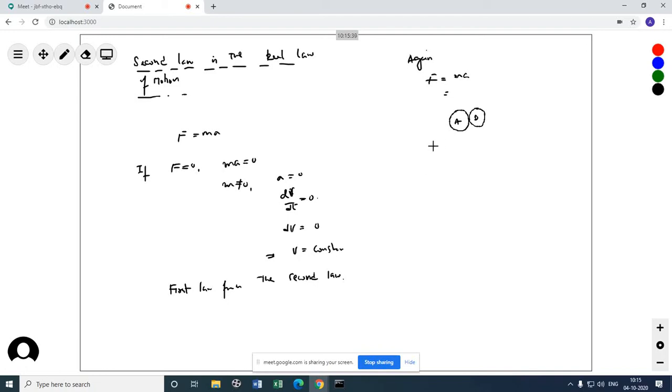So let's say force exerted on B by A will be the change of momentum. When A will push B, B will give rise to a change in momentum. Similarly, when B pushes A, there will come a change in momentum.